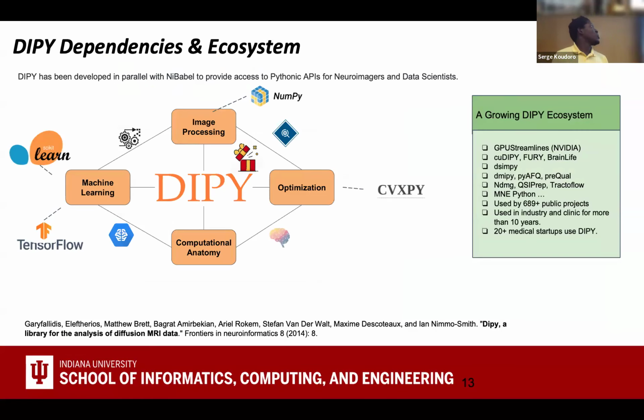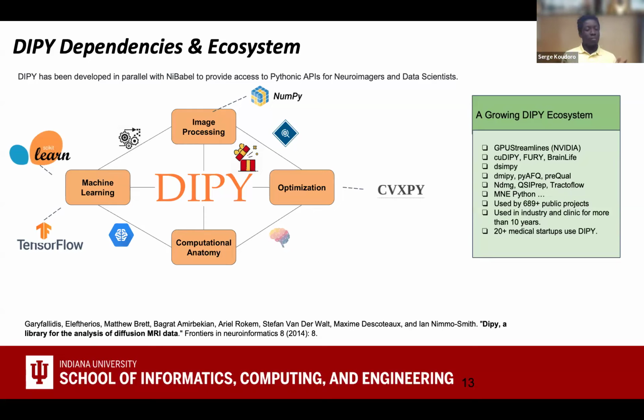So here is a quick overview of the DIPY ecosystem. I already said that DIPY uses a lot of core Python libraries, which are scikit-learn, scikit-image, TensorFlow, CVXPY, NumPy, of course.